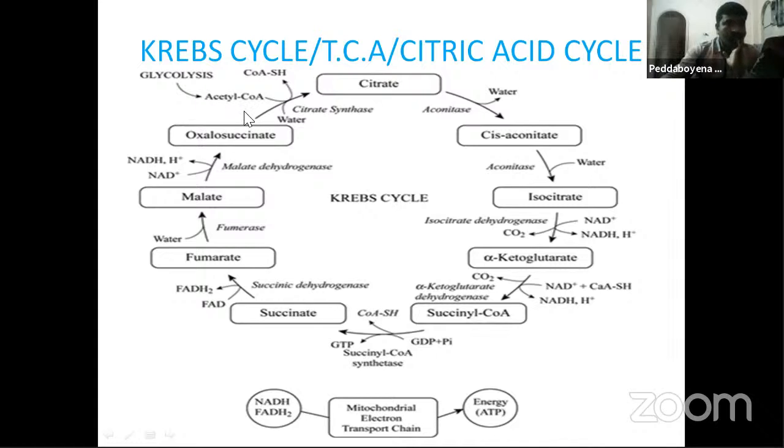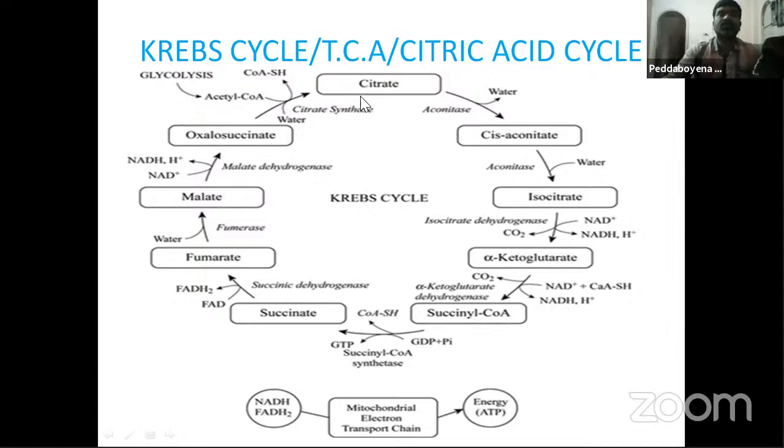These two carbons of acetyl CoA condense with oxaloacetic acid, and then citric acid, citrate, is formed first. Oxaloacetate has four carbons, and acetyl CoA is two carbons.